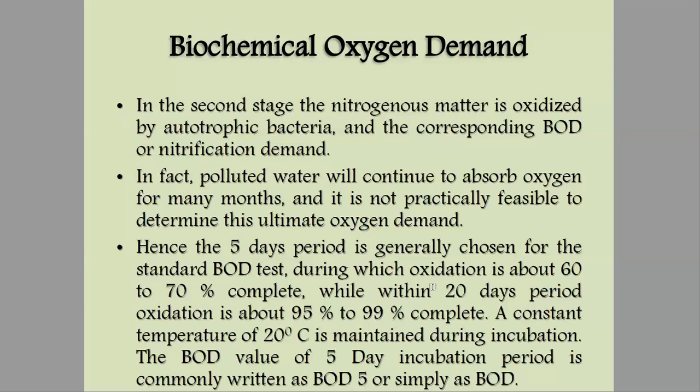But that remaining 1% may take 4 or 5 or even more months to complete. So we'll calculate this for 5 days. Just keep in mind that for 5 days the oxidation is about 60 to 70%, and for 20 days it is about 95 to 99%.